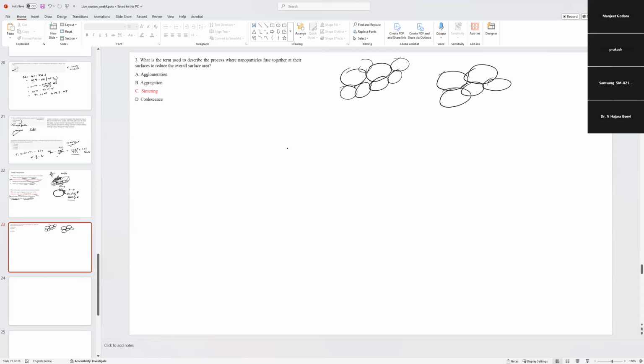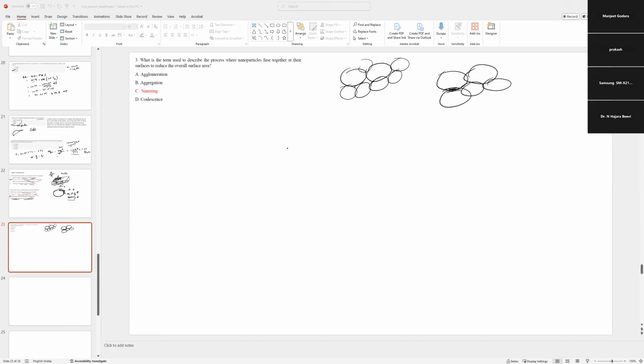They're not chemically bonded to each other. There's a distinct layer in between these two particles. Aggregation is the formation of a number of things in the cluster.